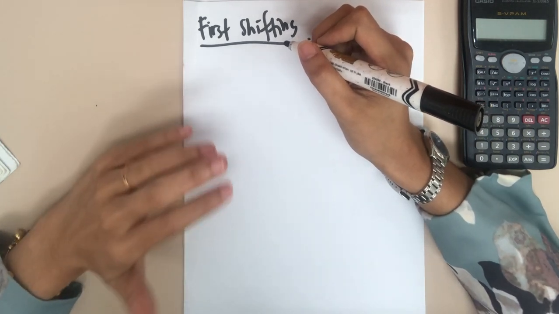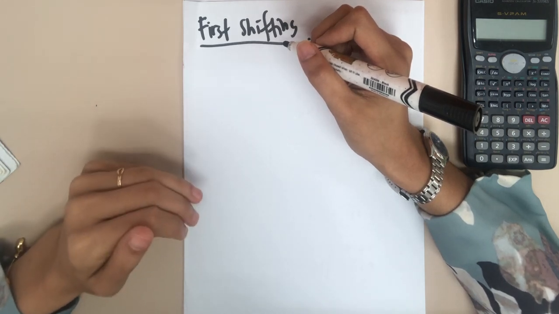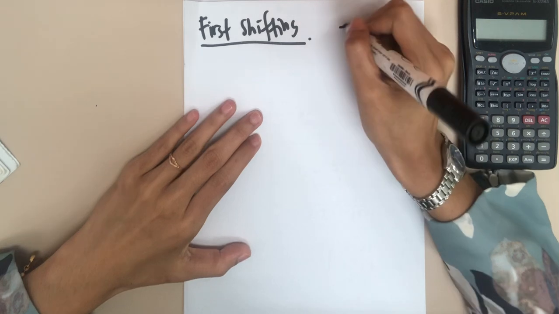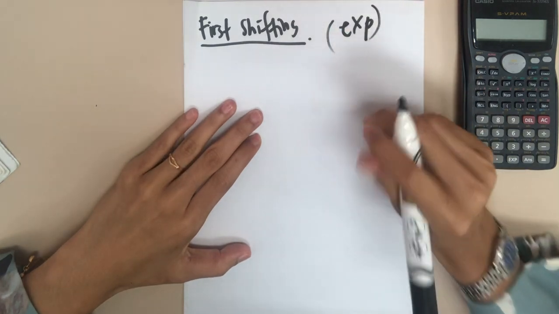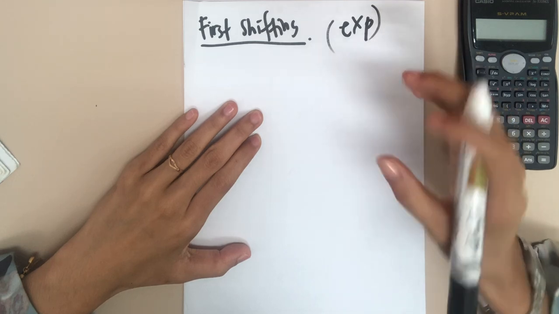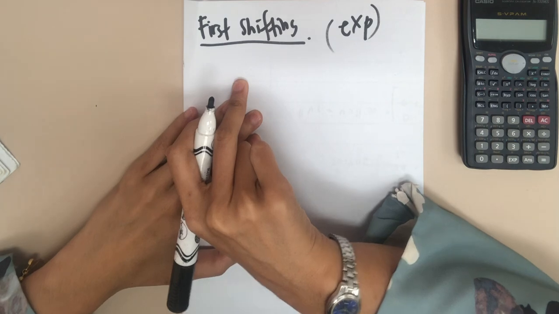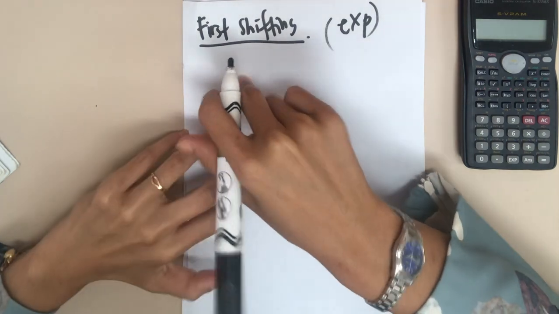We use the first shifting when our function involves a multiplication with an exponential.